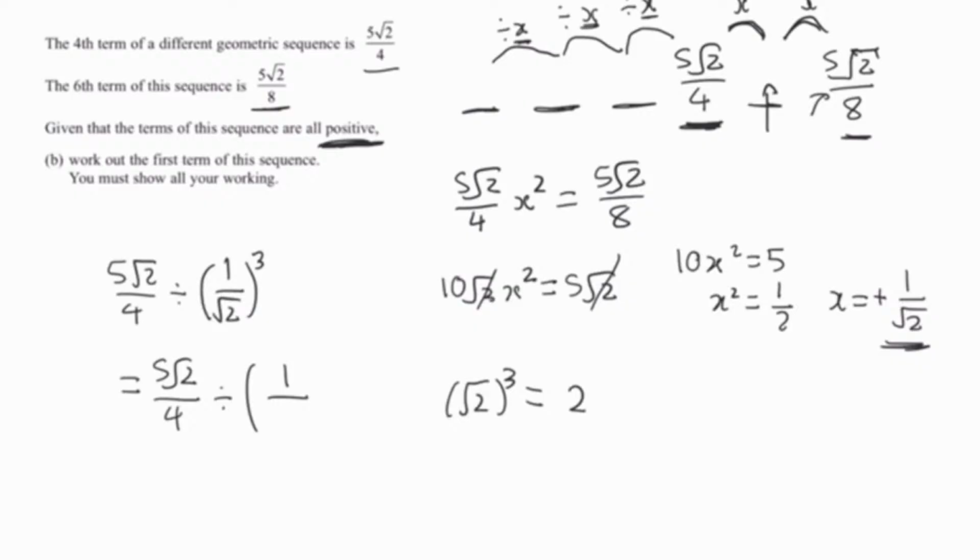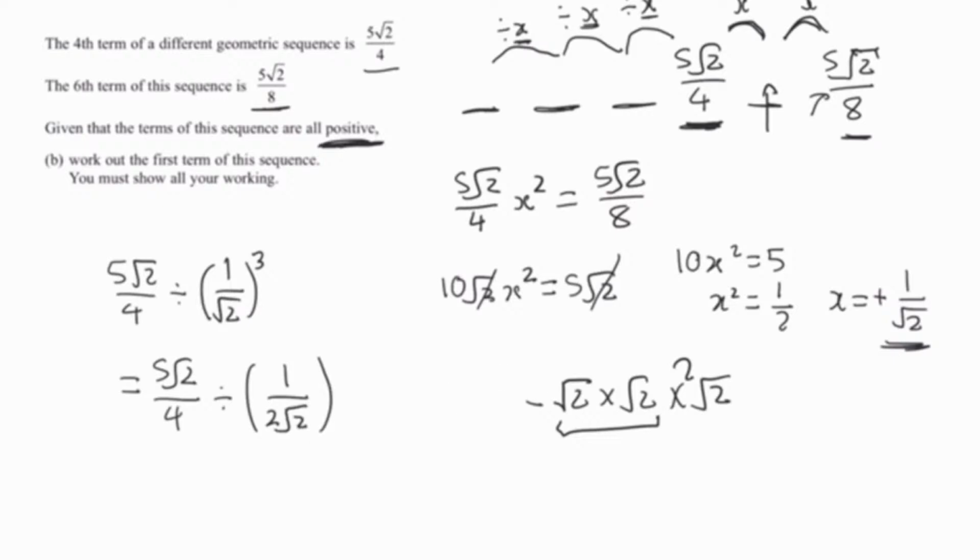And we need to multiply that by root 2. So root 2 cubed is 2 root 2. I should have written it like this, it would make more sense. So these two combine to get 2, and then we have root 2 remaining. So this is equal to that.